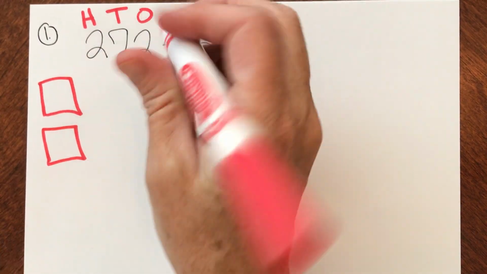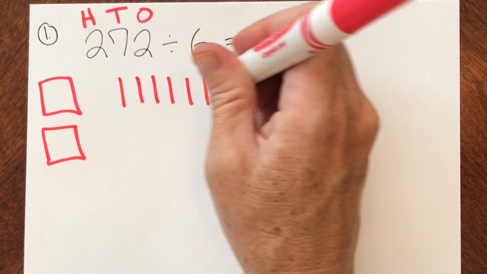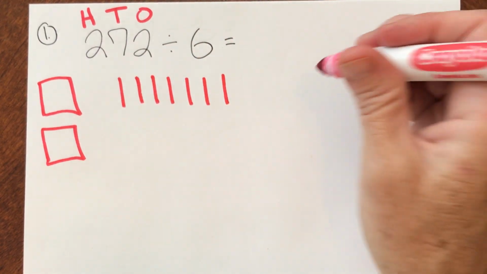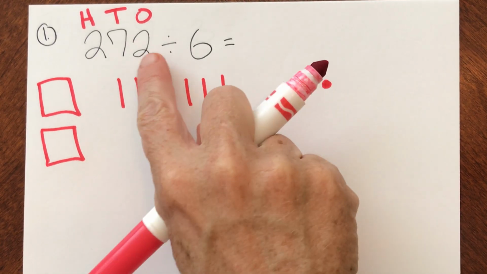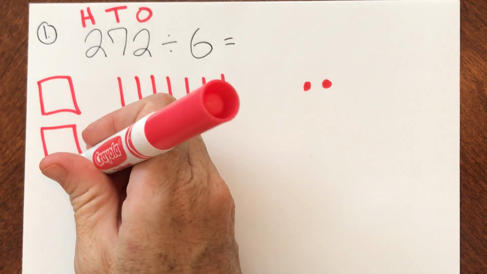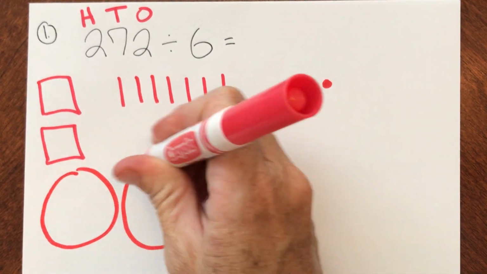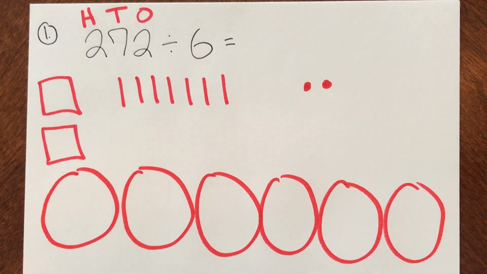I have 2 hundreds, 7 tens, and 2 ones. Then they want me to divide this dividend into 6 groups. That's my divisor. So 1, 2, 3, 4, 5, 6.